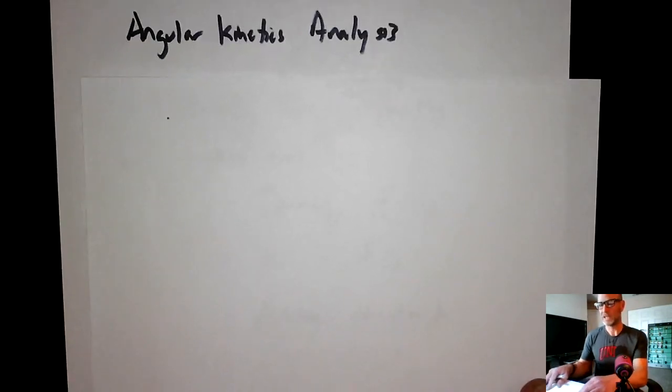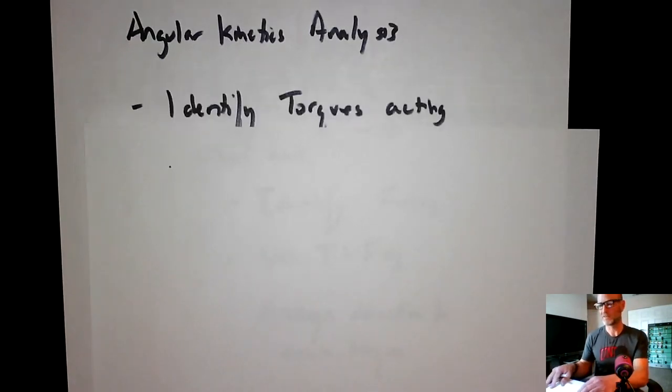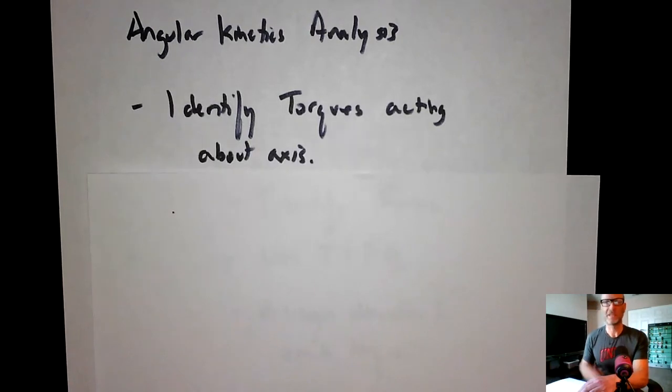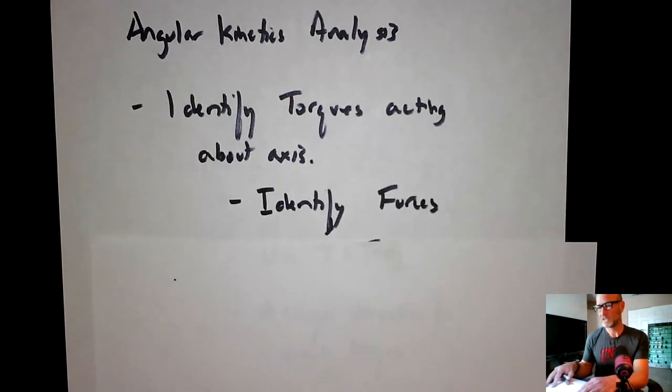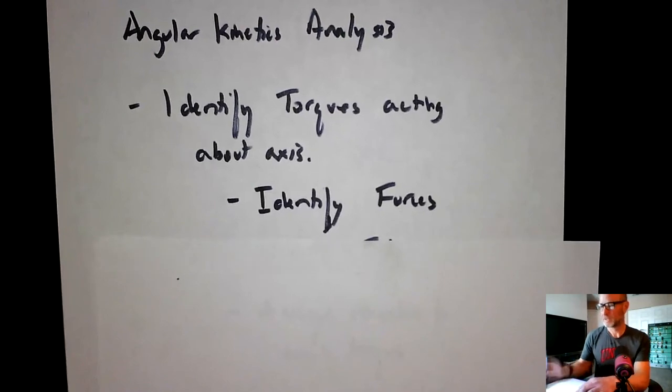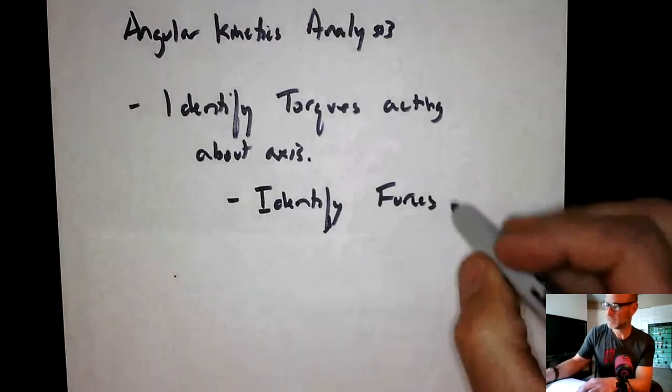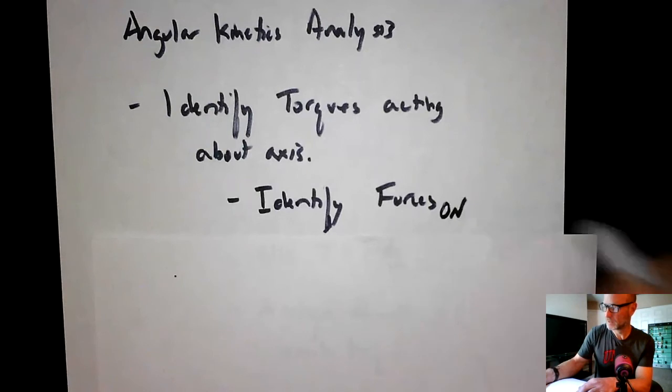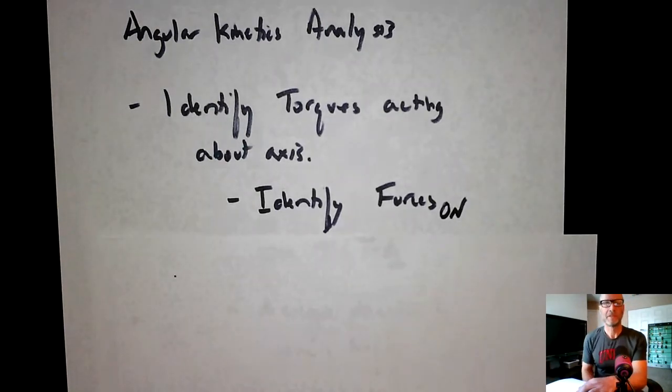When we do an angular kinetic analysis, the first step is we want to identify the torques acting about the axis. In order to identify the torques acting about an axis, the first thing we do is identify all forces acting on the object about the axis of rotation.